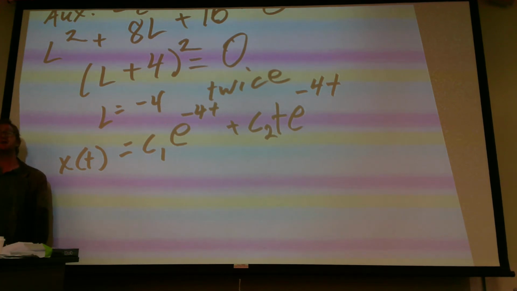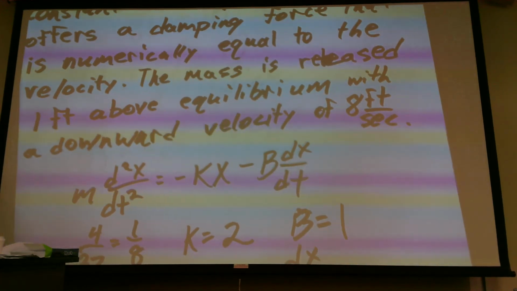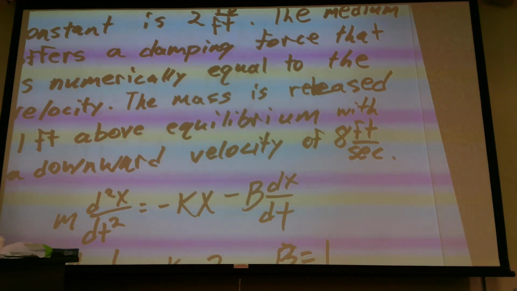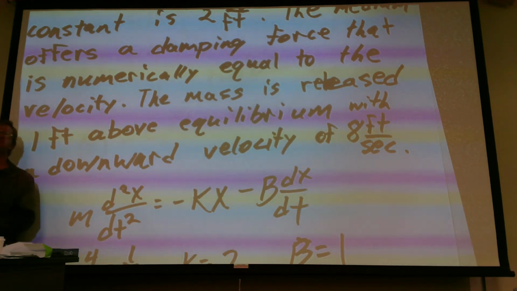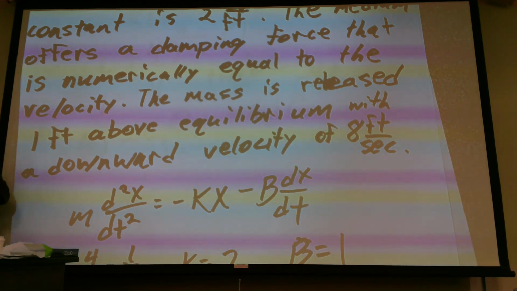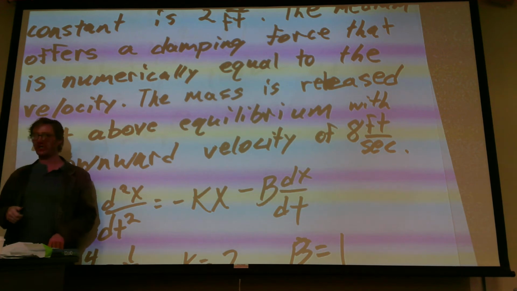Okay, great. Now, where are we at in this problem? Now we need to solve for C1 and C2. So if I look back at my previous statements, the mass is released 1 foot above equilibrium. Above equilibrium, that means that it's negative. It's got a downward velocity, so since it's going down, it's actually headed towards the positive region.